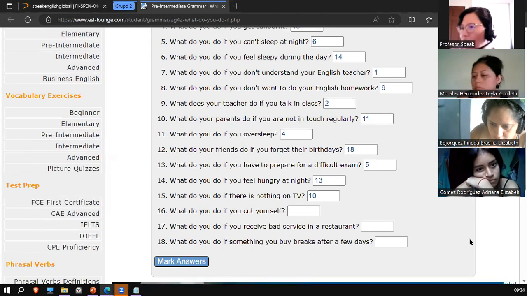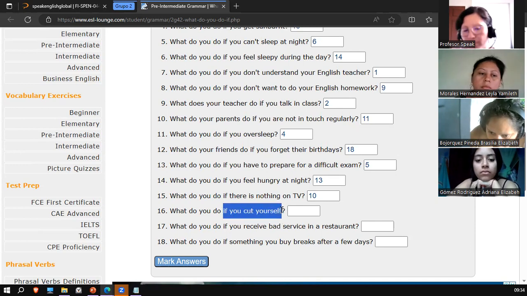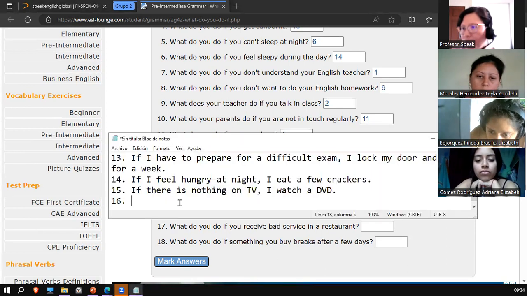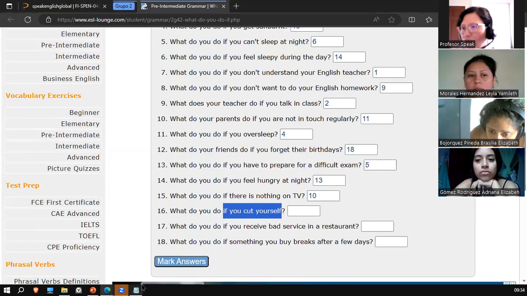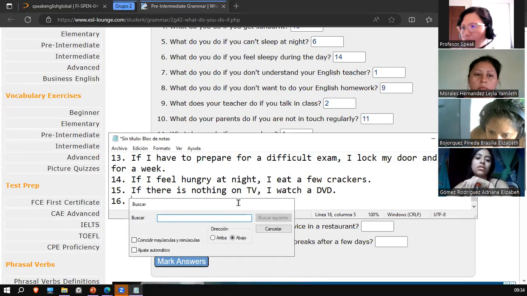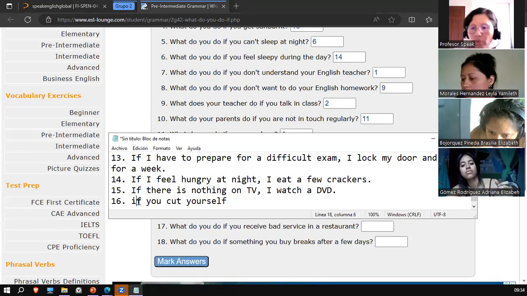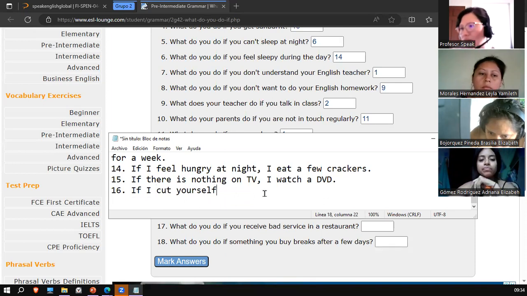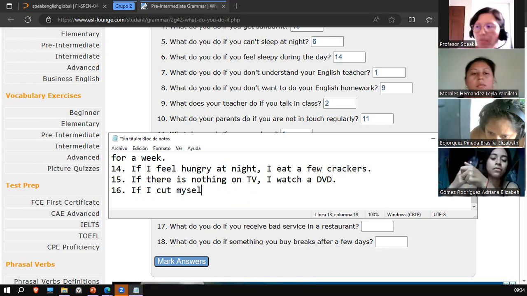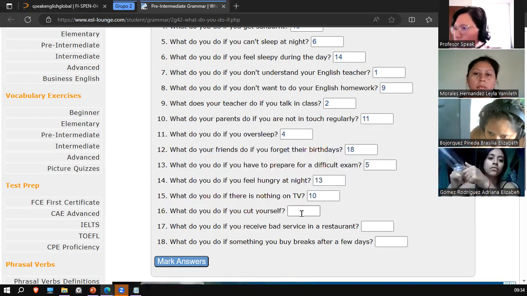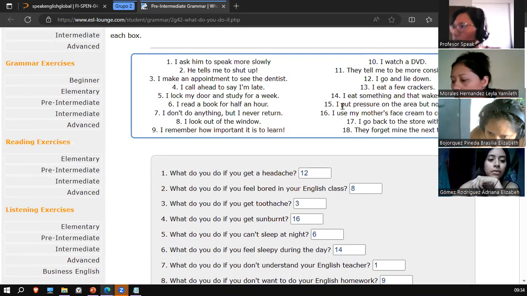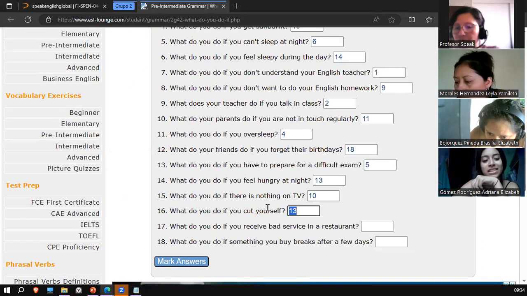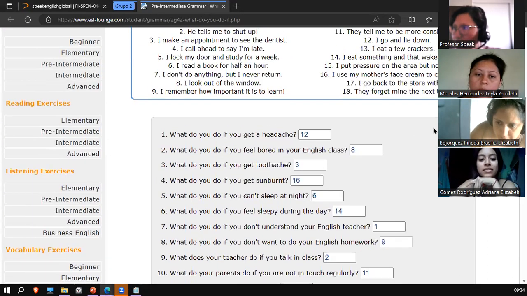Number 16. What do you do if you cut yourself? 15. Okay, if I cut myself, because here it changes to myself, comma. Number 15.